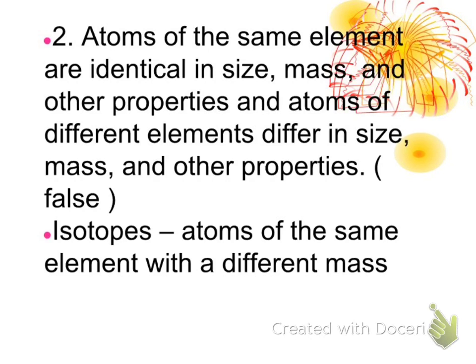So there's this thing called isotopes. It's a definition you should have down. Is that one of your definitions? Isotopes are atoms of the same element with a different weight. So copper has 2 isotopes.